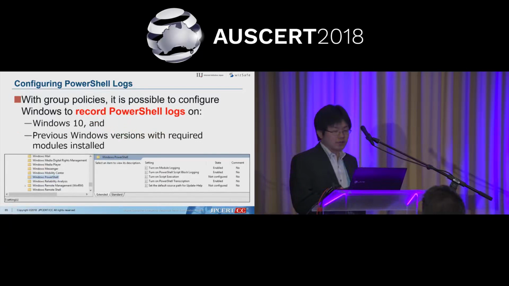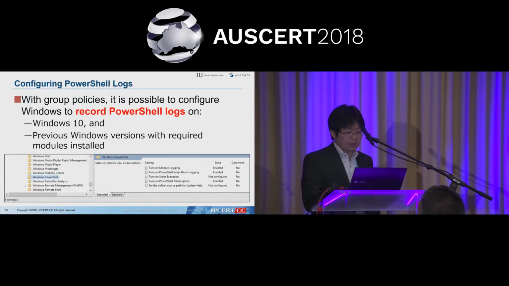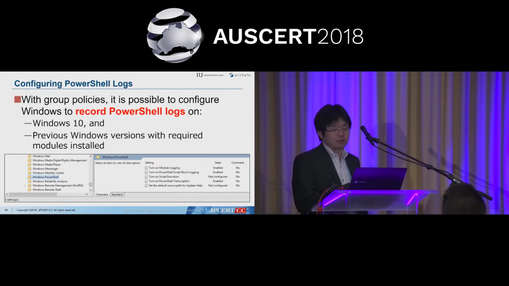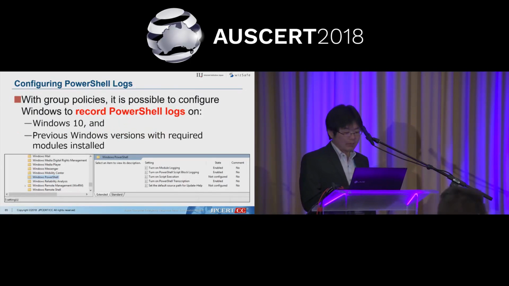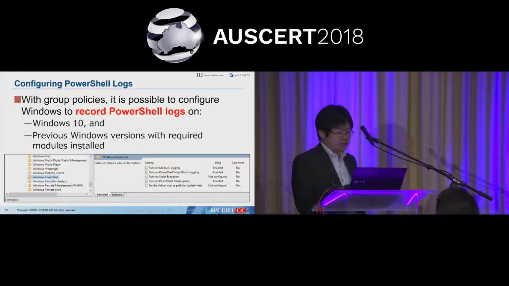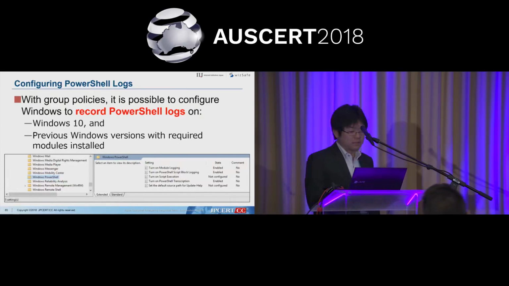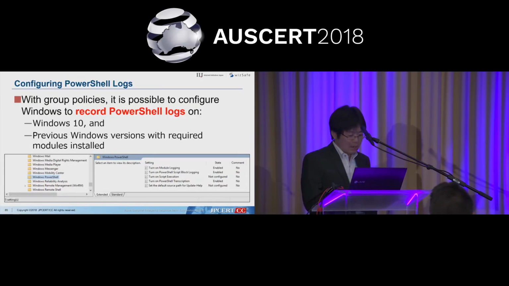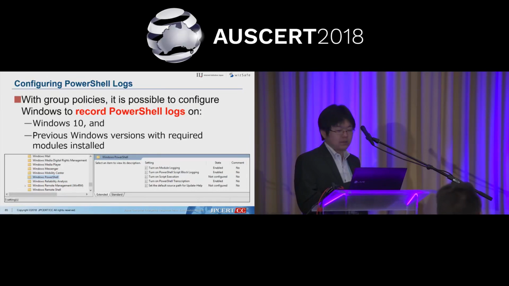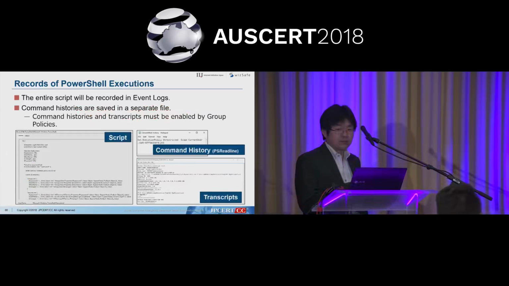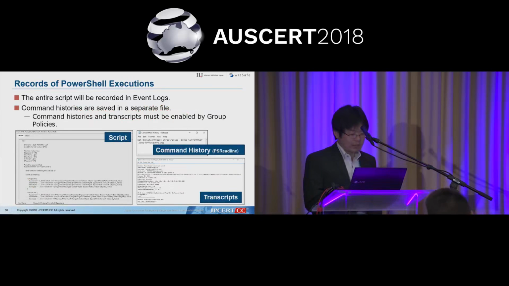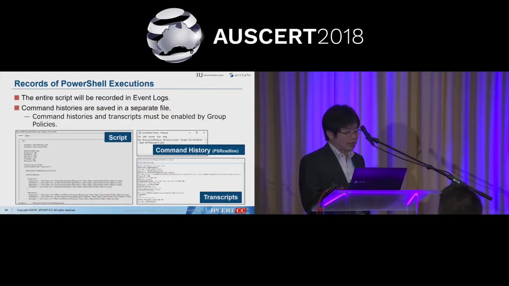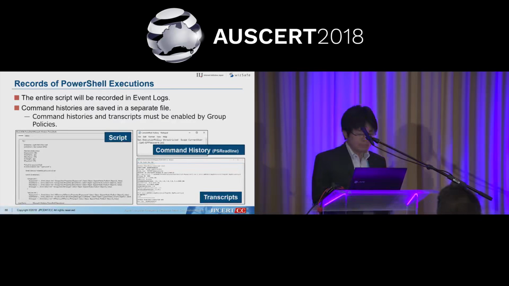And if we configure the group policies, it is possible to configure Windows to record PowerShell logs. It's available on Windows 10 by default, and if it's an older version of Windows, you have to install additional modules for this. If we enable the logs for PowerShell, what we can get is the entire script being recorded in an event log, and also the command histories recorded as a separate text file.